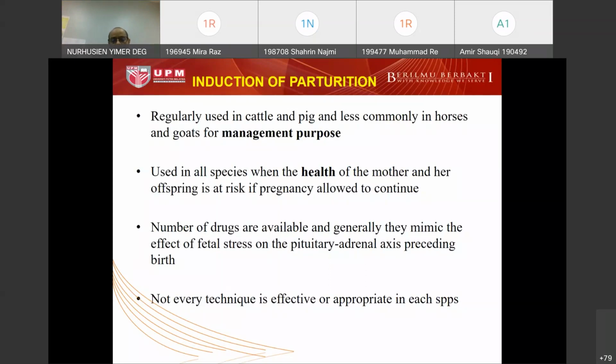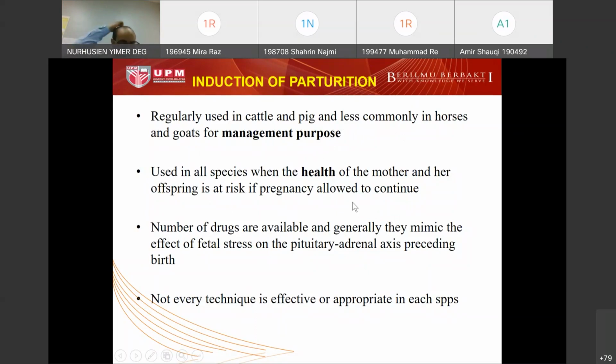So you induce all your cows during the same period of time, and then you can have calving taking place in a tight time window. So that's one of the indications. It is relatively common in cattle as well as in pigs, but less common in other species of animals, including horses as well as small ruminants. That is for management purposes.